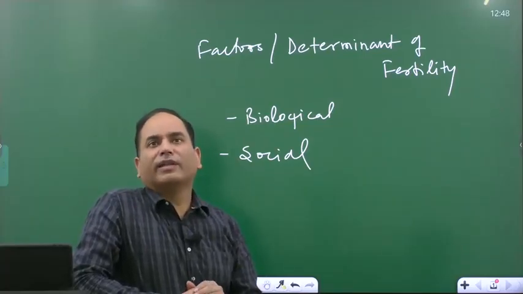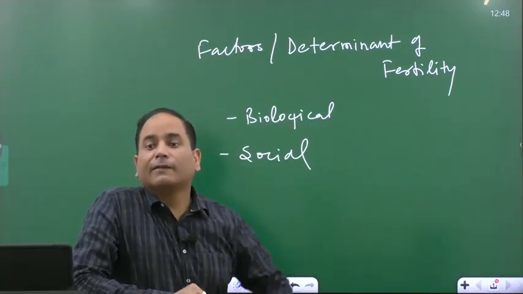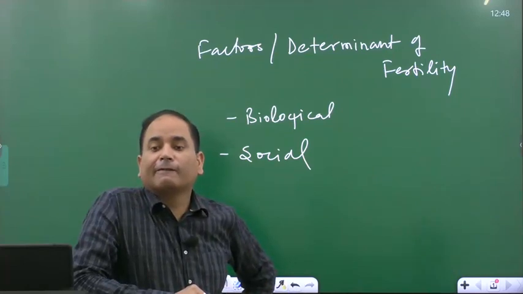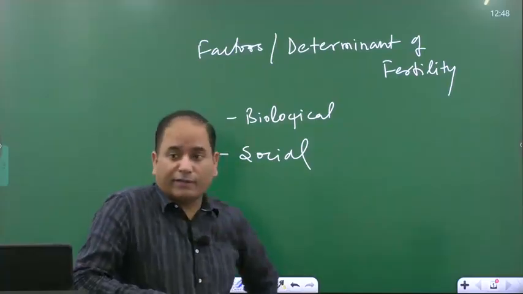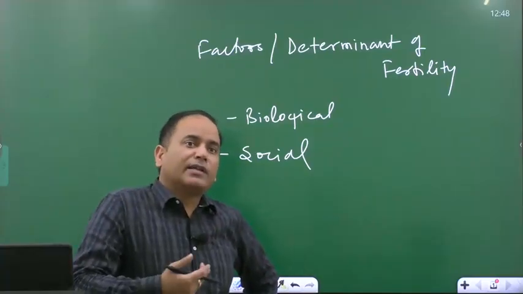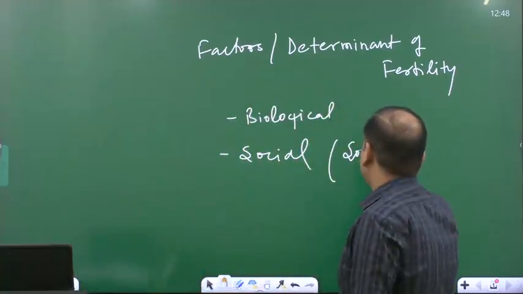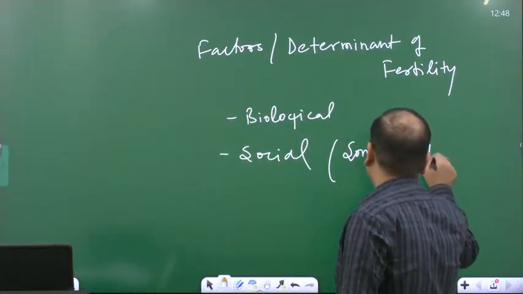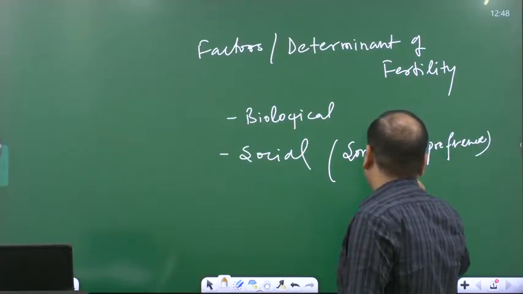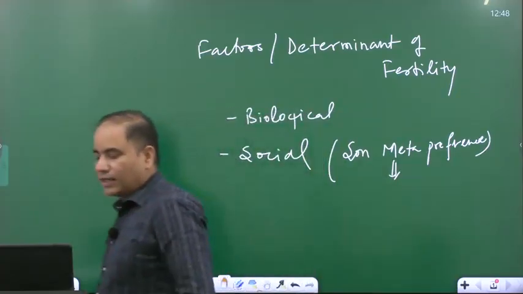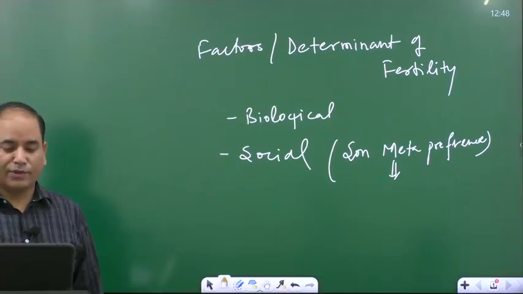So many laws, so many restrictions have been put up, but still, yes, in social you can write son meta preference, जिसको हम लोग बाद में पढ़ेंगे. Son meta preference. You can say that until the desired number of boys is born, they need to keep on producing, yes.